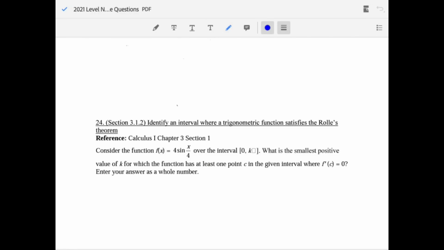Okay, so for number 24, they give you the sine function and they ask what is the smallest possible positive value of k for which the function has at least one point c where f prime is 0.